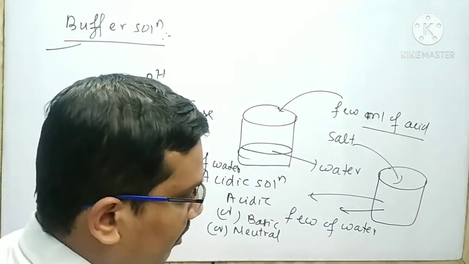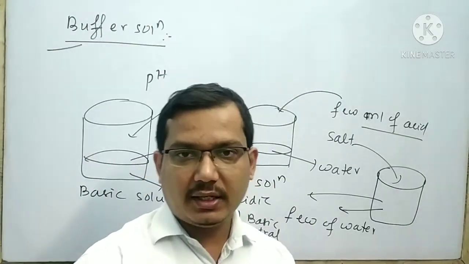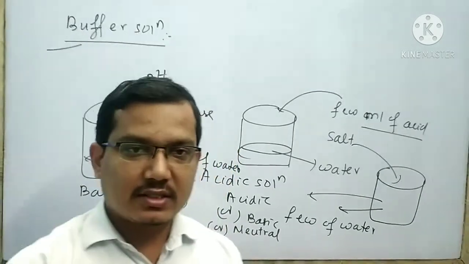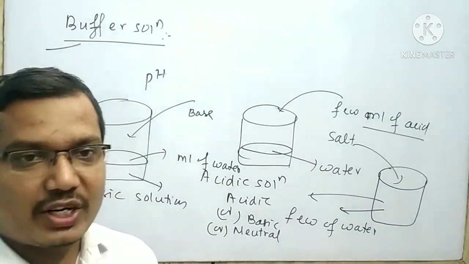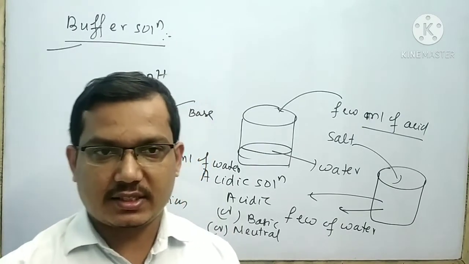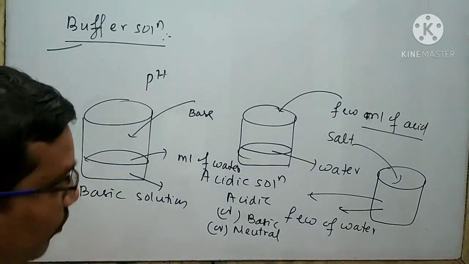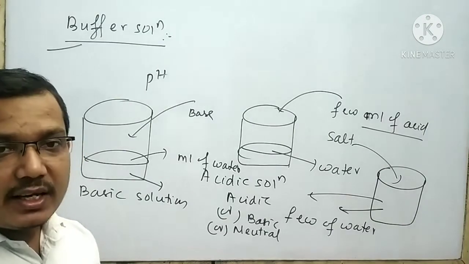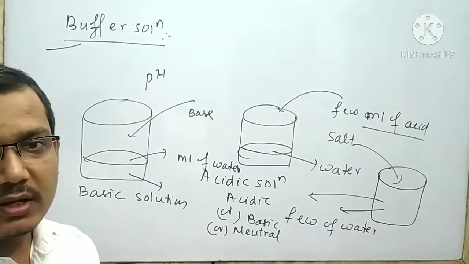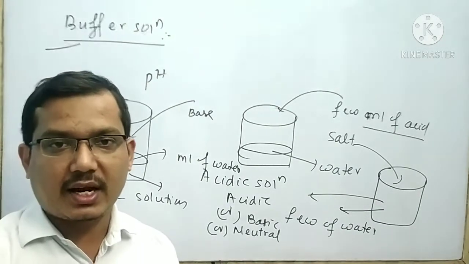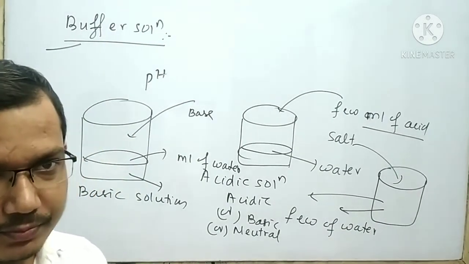Generally, we know that when we add acid or base to water, the basicity or acidity goes on changing. But a buffer solution is one type of solution whose pH remains appreciably constant upon the addition of a small amount of acid, base and water from outside.